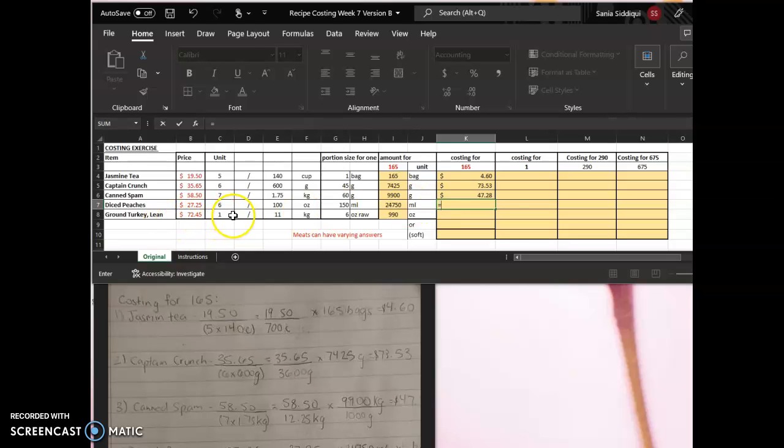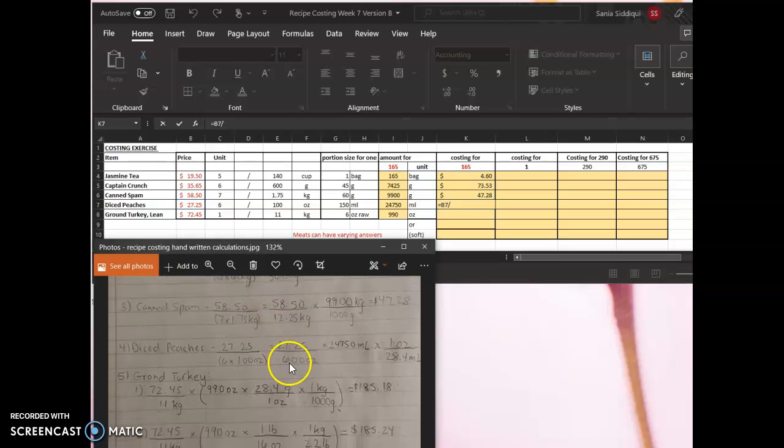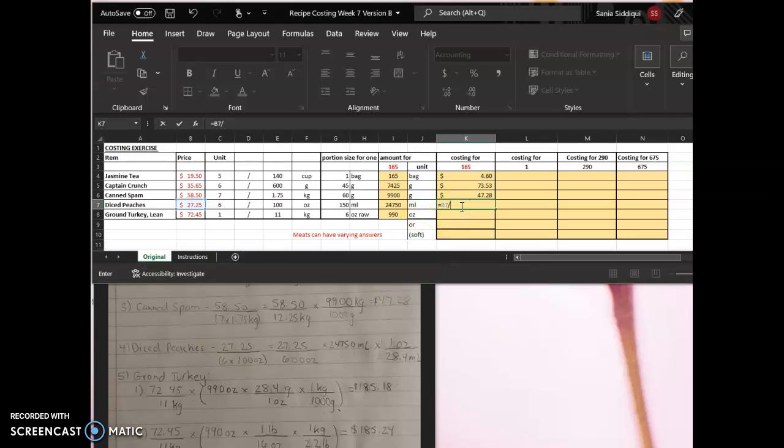Similarly, we have a similar process for diced peaches. We will take 27.25, and this time we're going to divide it by 600. How did we get this? We took the number of units, which is 6, multiplied by 100 ounces each, and that gave us 600.